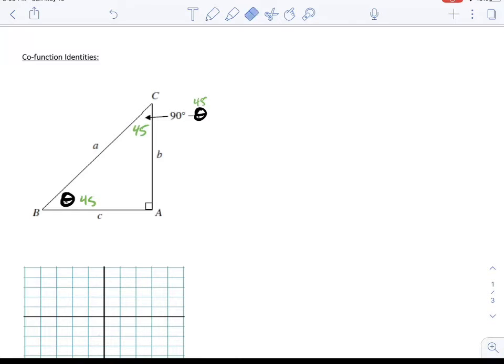And it doesn't just have to be special triangles. I could have an angle of, let's say, 20 degrees. Then it'd be 70 up here, right? Because there's only 180 degrees to go around, and we've used up 90 here. So between the two angles, there's only 90 to go around. So these two values have to add up to 90. Right? We know that we have 30 and 60, we have 45, 45 triangles.